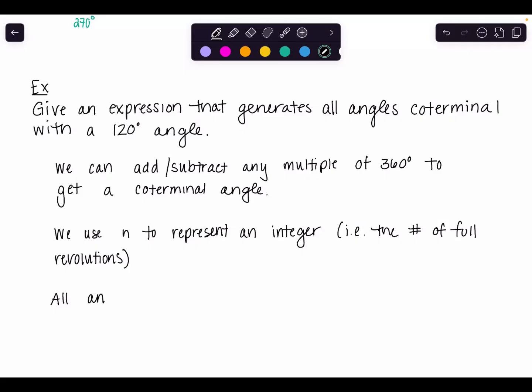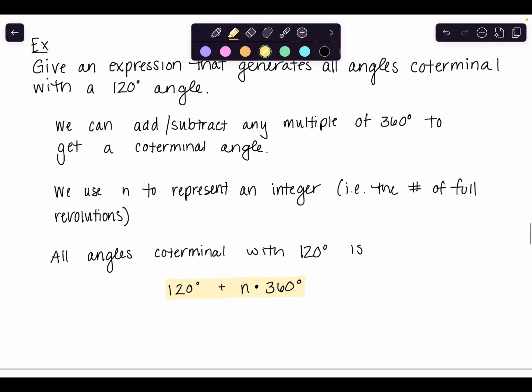So then all of my angles that are coterminal with 120 degrees is, we take our starting point and we add or subtract any multiple of 360 degrees. So n is telling us how many times. If n is 1, that's 1 revolution. So that gives you that positive case. And if n is -1, that tells you to go the opposite direction. That's the negative case. Okay?